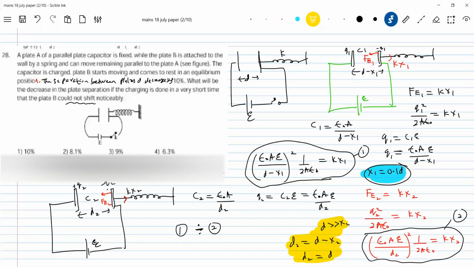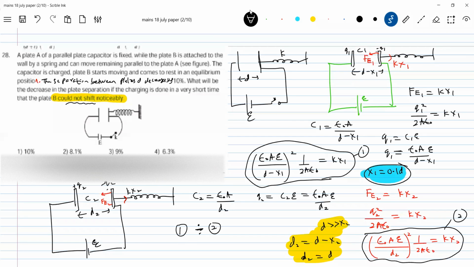Sir, why is D2 equal to D? He himself has said the plate could not shift noticeably. Okay, so I can write D2 equal to D. Then I can solve it.